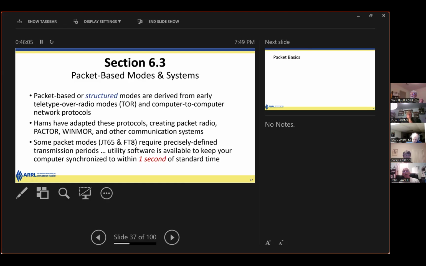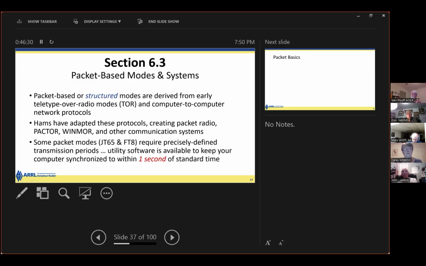And there are utilities that you can use to do that. They talk to time servers on the internet, or some people have GPS receivers that they hook directly to their computers. But the idea is you can get very accurate timing that way, where your clock and a computer clock anywhere else in the world listening to your signal are pretty nicely lined up.